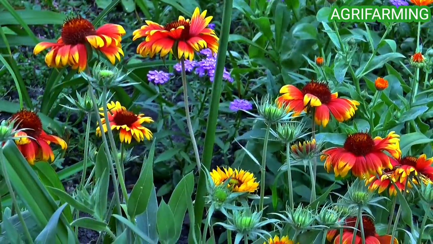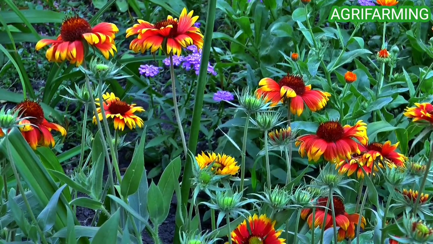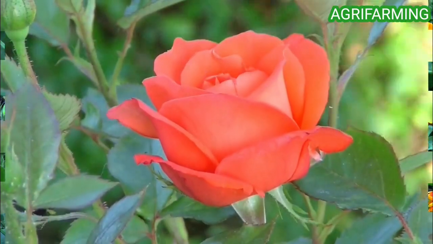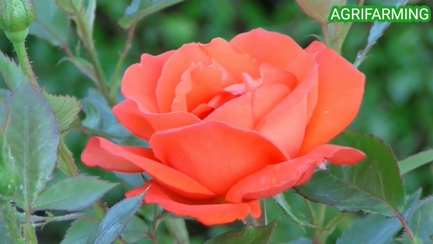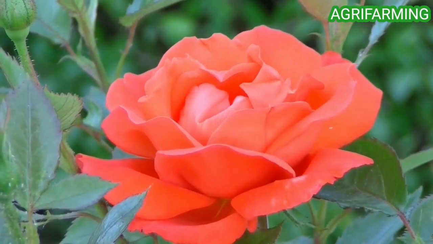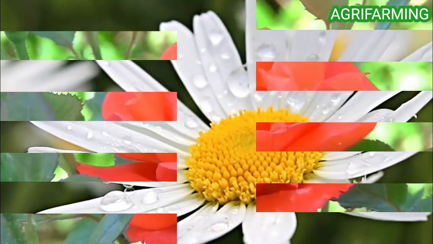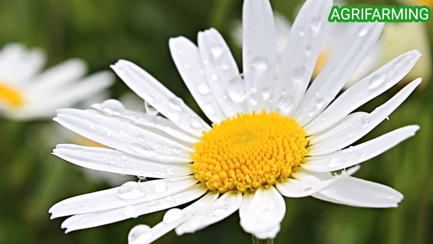The basic kinds of flowering plants are annuals and perennials. As far as gardens are concerned, these are the two basic types of flowering plants. Annuals go through their total life cycle in one growing season, sprouting from a seed, growing leaves and roots, producing flowers, creating seeds, and then dying.